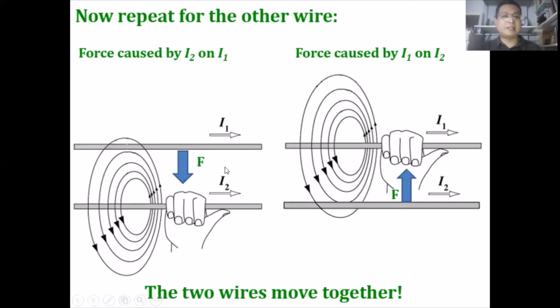The first time we use the lower wire, and the second time we use the magnetic field from the upper one. So the force will act from the wire that creates the magnetic field, and the forces will act on each other. So we play with the positive and negative.